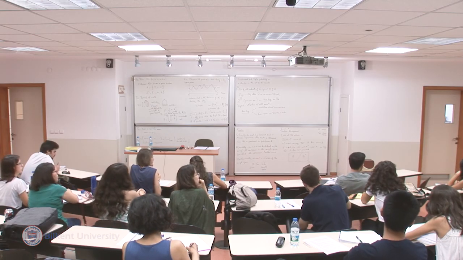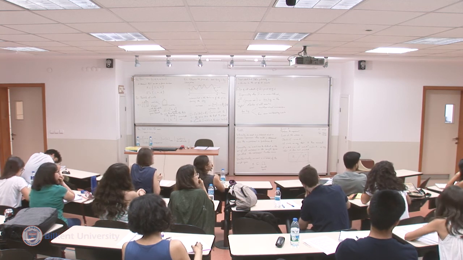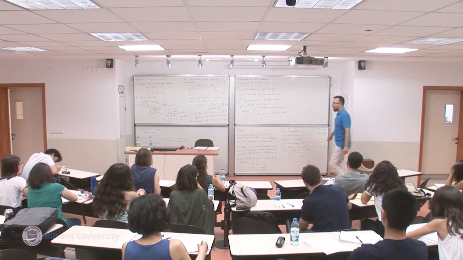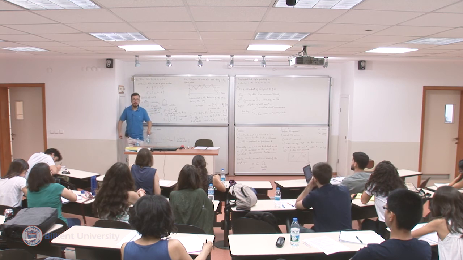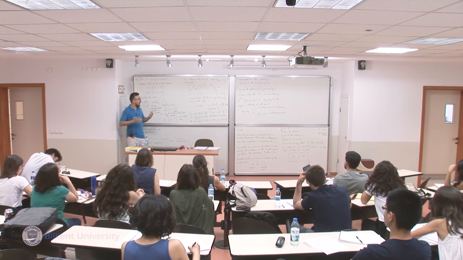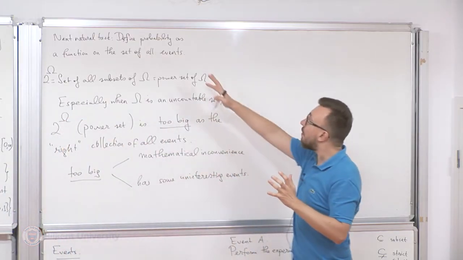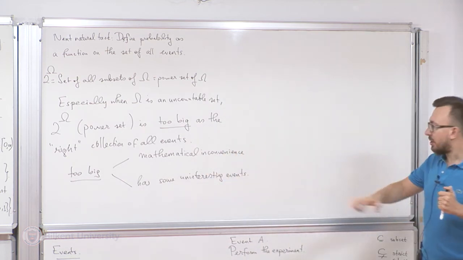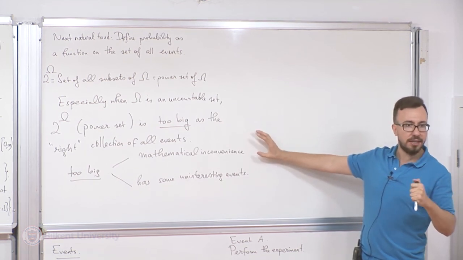Or the amount of water left in my bottle is not very interesting for this random experiment. So choosing the power set of omega as the collection of events is not a very good idea in general. This is the intuitive reason, and there is a mathematical reason I'm going to mention later, okay?